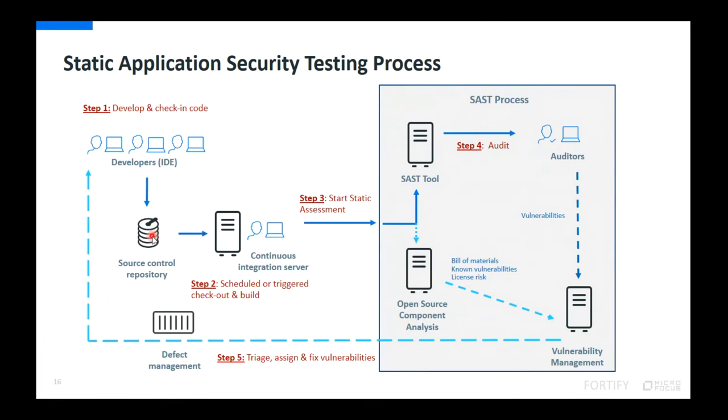From the source code repository we can now directly move on to step 3, or in some scenarios, the development team has a component called a continuous integration server. So the source code repository is integrated with the continuous integration.